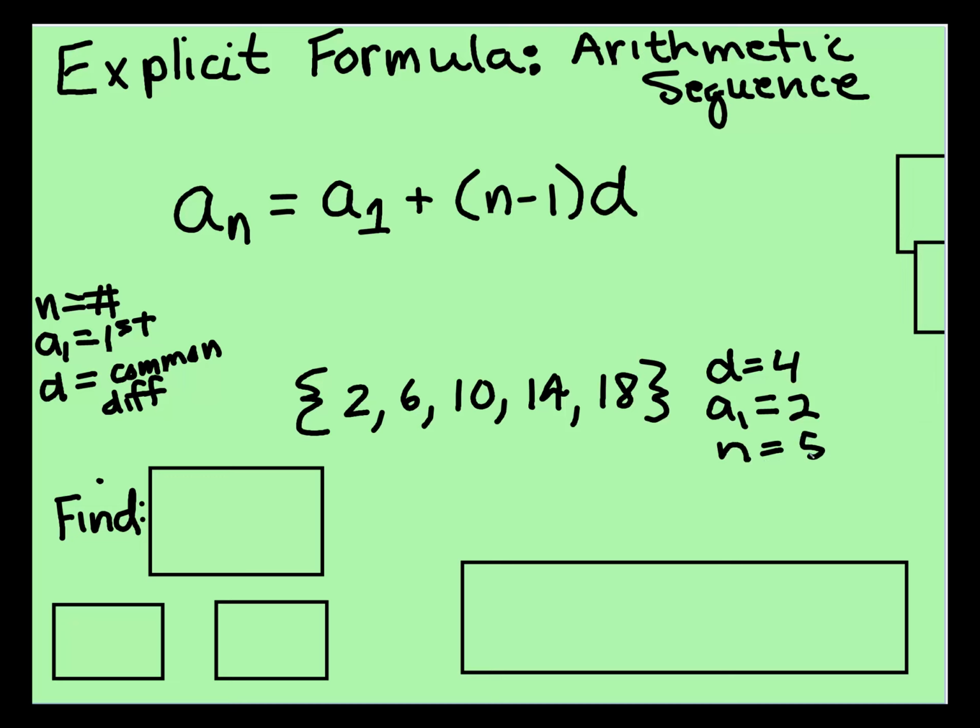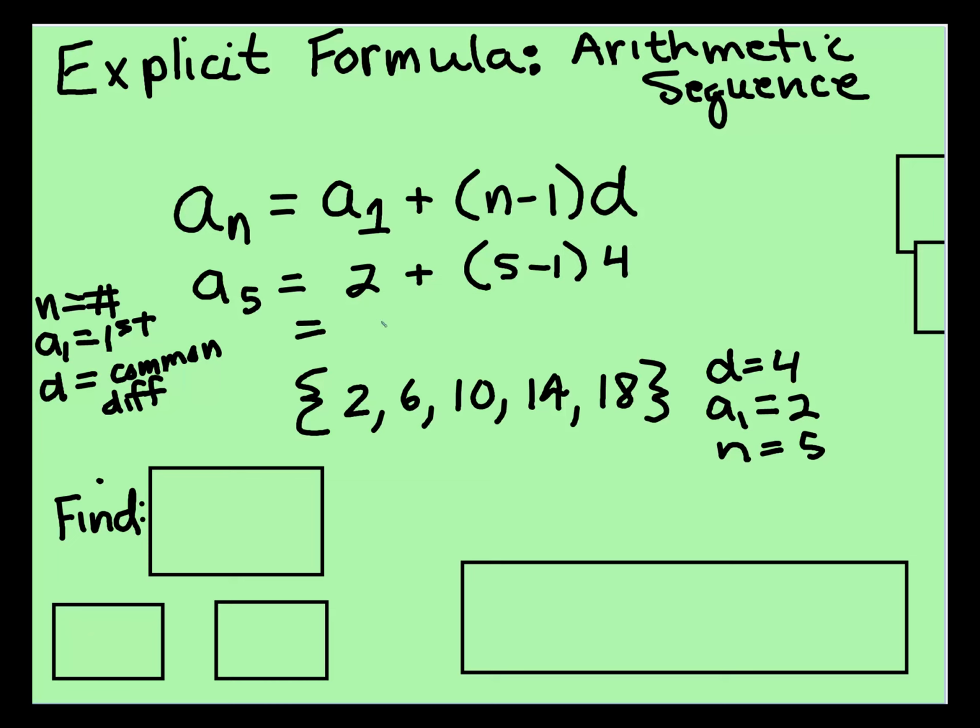If you know these three things, if all of this information is explicit, visible, you can plug that into this formula right here. So n is 5, a sub 1 is 2, n subtract 1 is 5 subtract 1, and the common difference is 4.